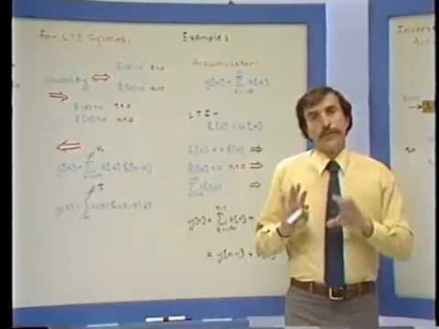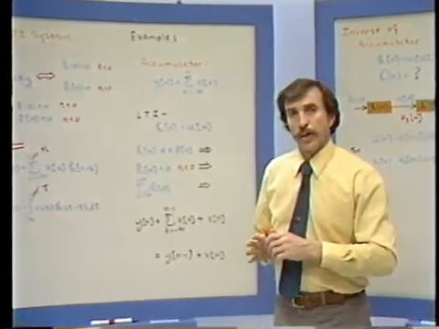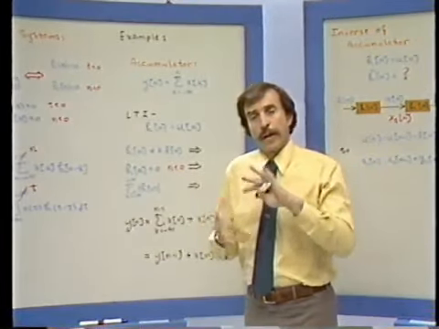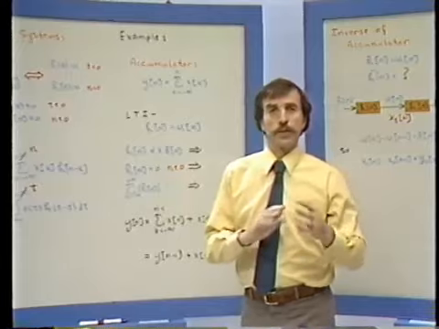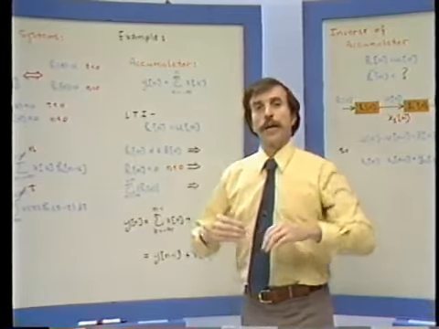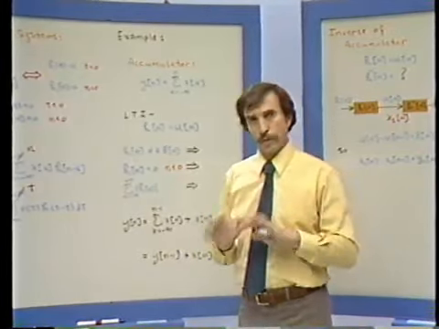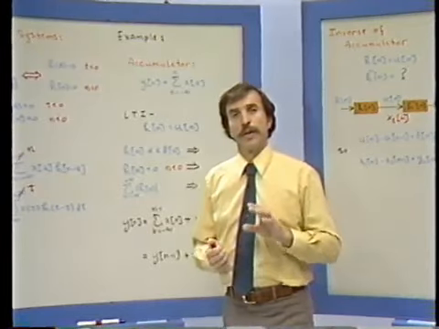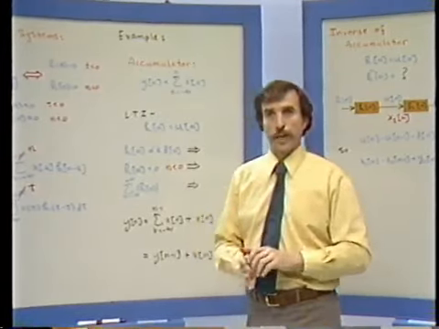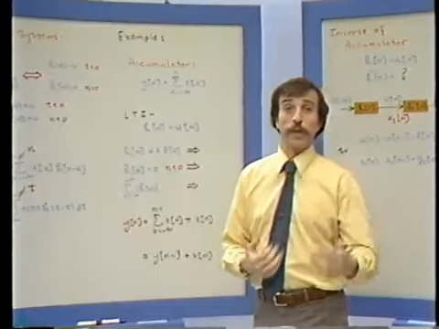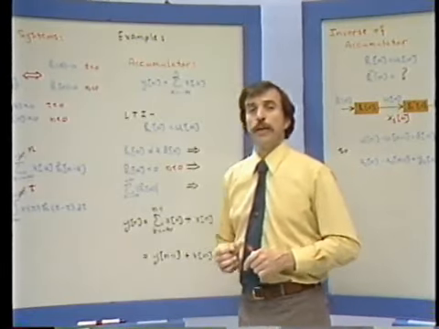Okay, so we've seen how certain system properties in the linear time-invariant case can be converted into various requirements on the impulse response of a linear time-invariant system, the impulse response being a complete characterization.